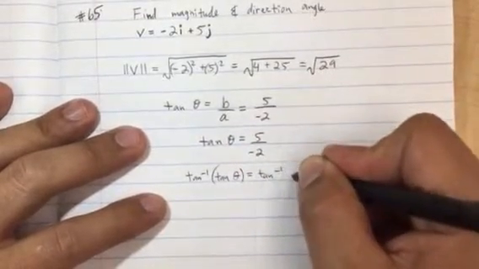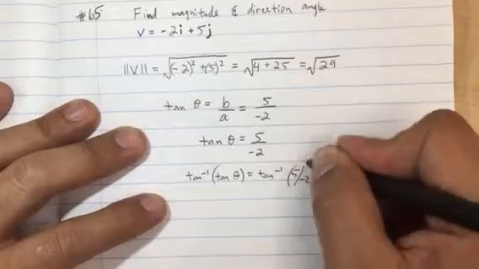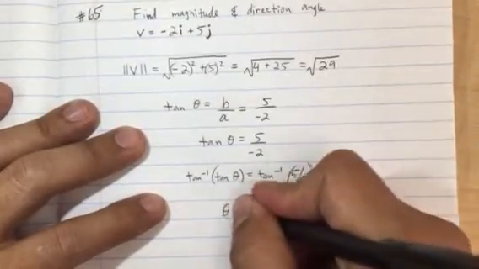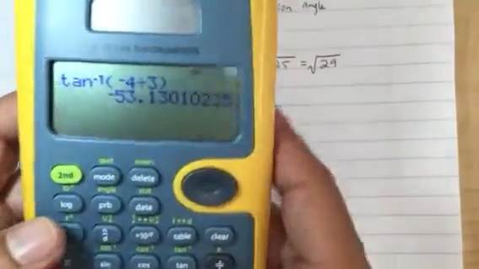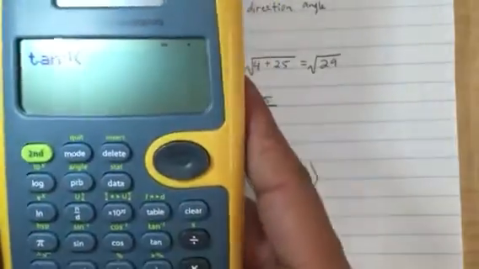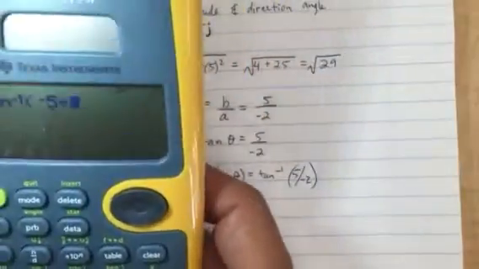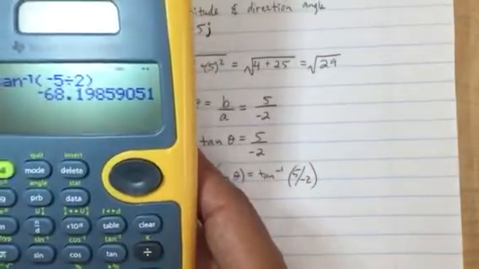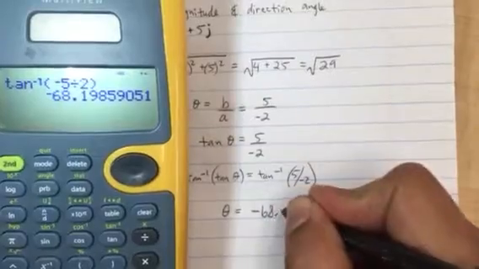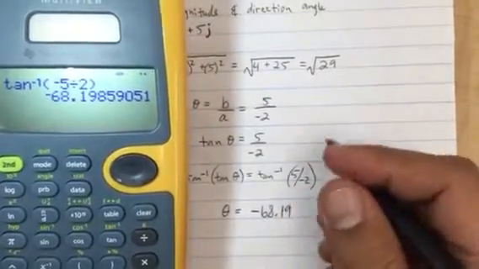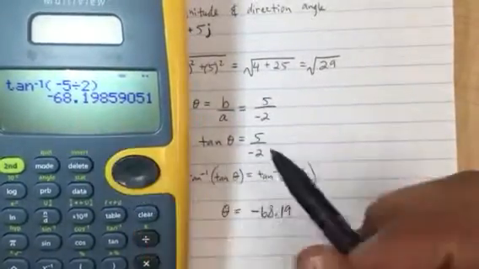Theta equals inverse tangent of -5 divided by 2. I get -68.19. So once again, we have a negative angle here.